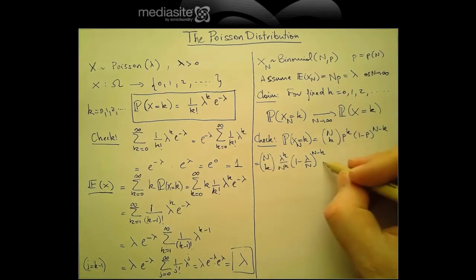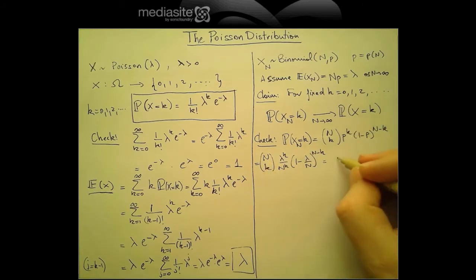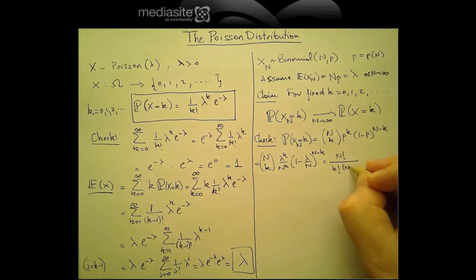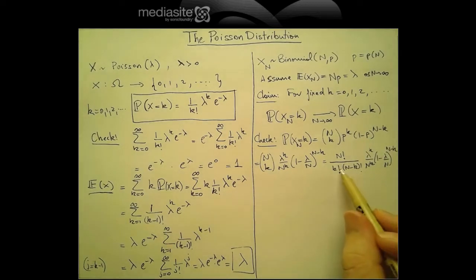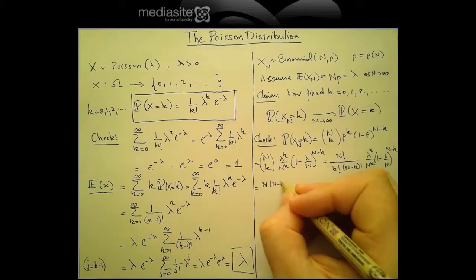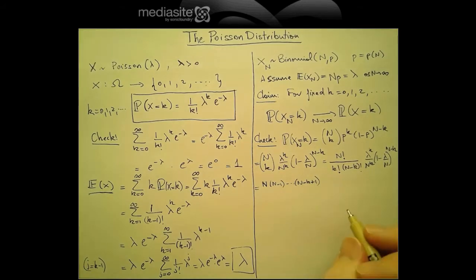If we write down the binomial coefficient as n factorial over k factorial n minus k factorial, there's another way of writing this: n times n minus 1 all the way to n minus k plus 1, over k factorial.